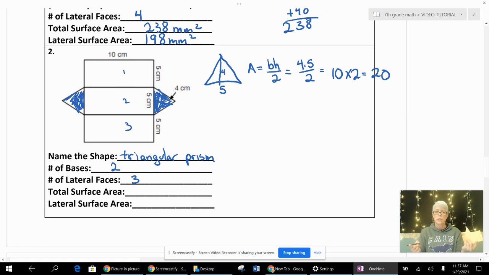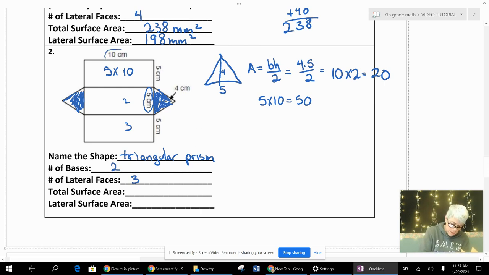Okay, now let's do each rectangle. I'm looking at the first rectangle, and to me, it's super obvious that this one is 5 times 10. So 5 times 10 is 50. All right, I'm going to look at the next one. I know that for the triangle number 2, one side is 5. Now pay attention to this next part.